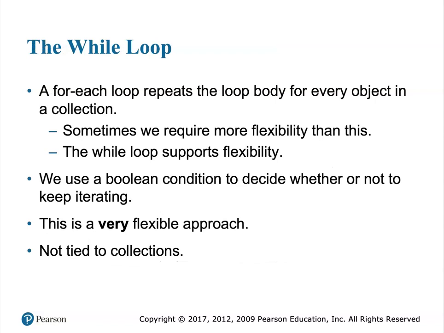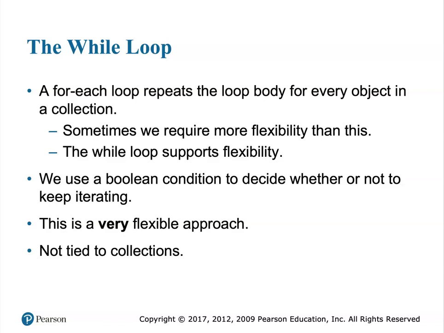Let's contrast the while loop with a for each loop. A for each loop repeats the loop body for every object in the collection, but that's not terribly flexible. A while loop doesn't have to look at every object. It can leave earlier. Now, at the top of the while loop, we will have a Boolean condition. It could be a compound Boolean with more than one condition in it.